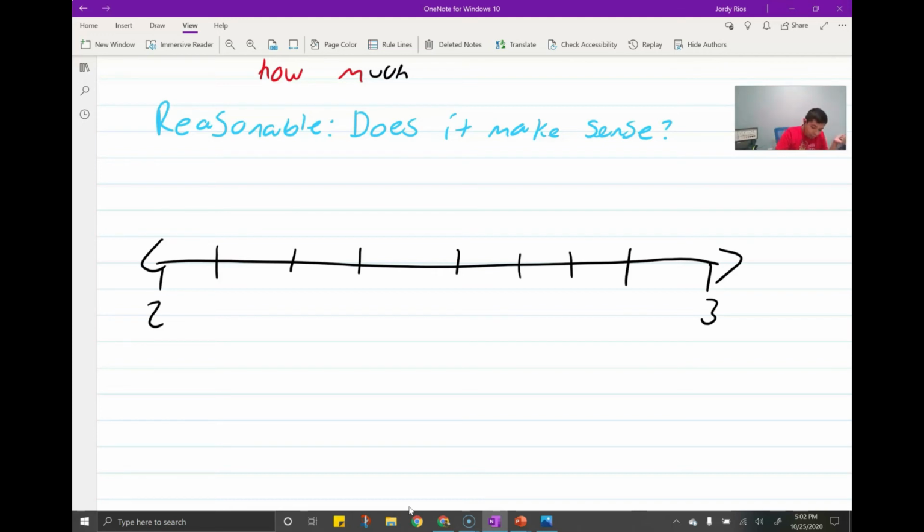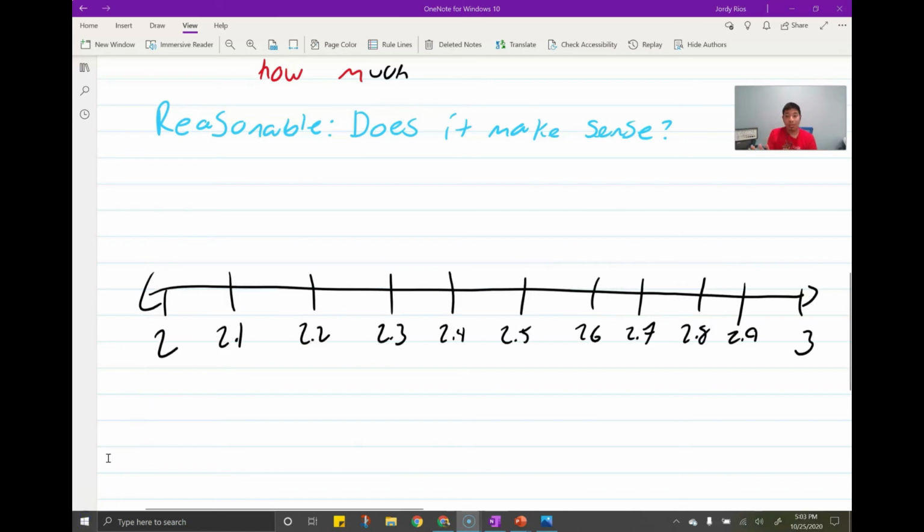So it's going to be 2 and 1/10, 2 and 2/10, 2 and 3/10, 2 and 4/10, 2 and 5/10, 2 and 6/10, 2 and 7/10. Sorry, messed up. 2 and 8/10, 2 and 9/10. Oops. I thought I had enough numbers. Okay. Let me just make this bigger then. Alright, perfect. So I fixed it, and so now we're fine with the number line.